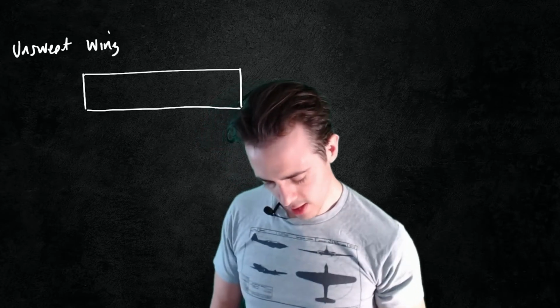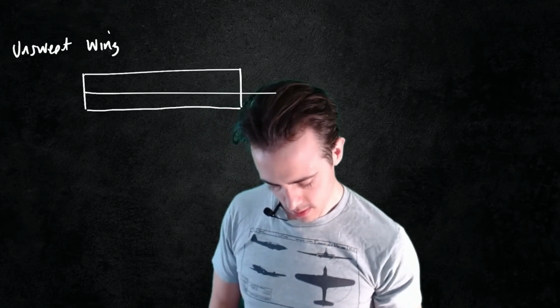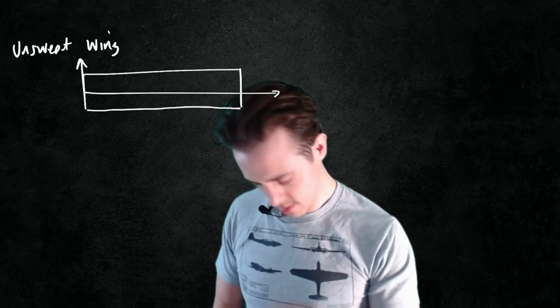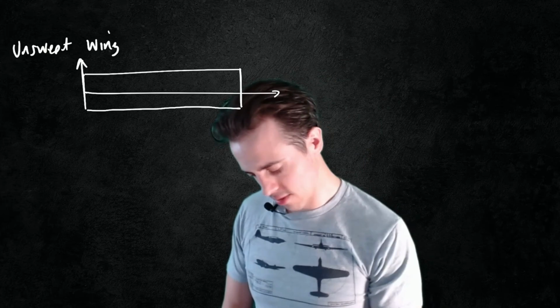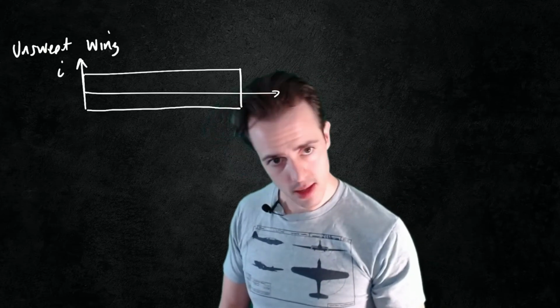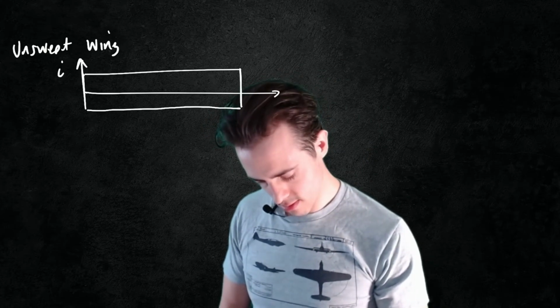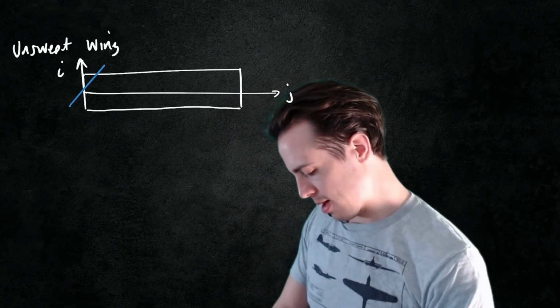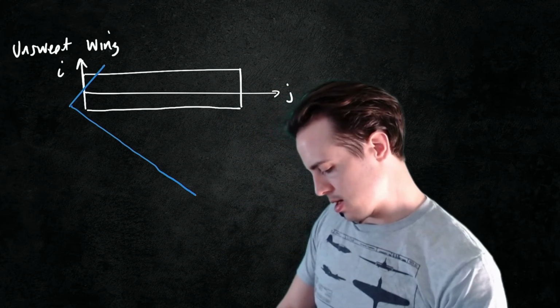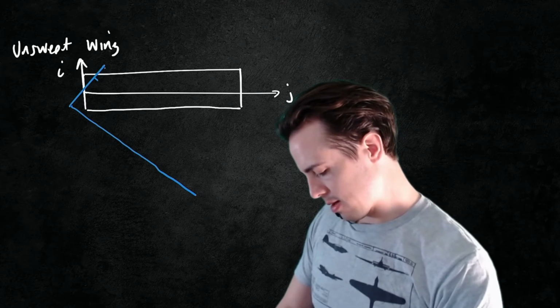So if I have my unswept wing, then I've got basis vectors which I can write as I and J. And I'm going to overlay a swept wing, and we're going to put positive sweep here. Let's make that wing slightly smaller.